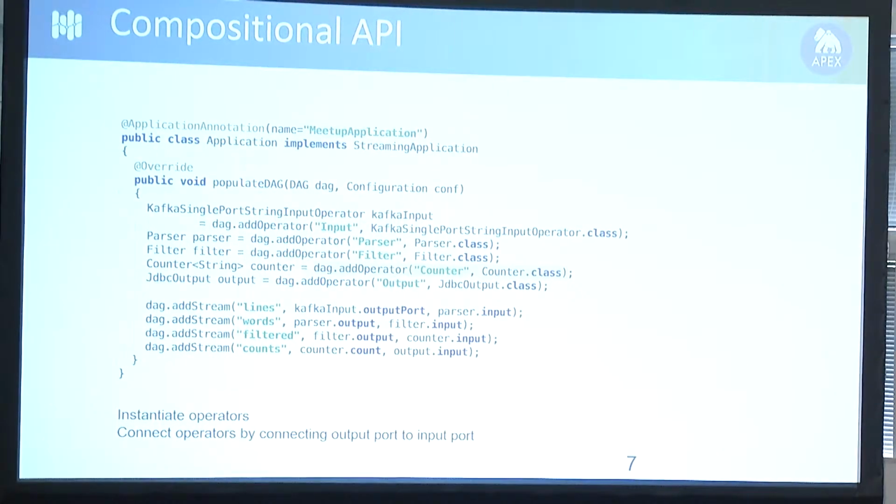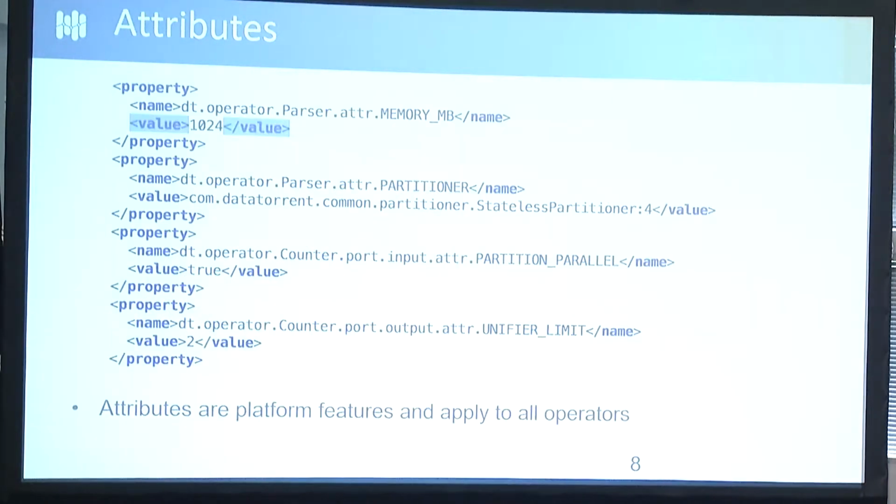You create all the operators, and then you connect them up, right? So how would you specify partitioning? It's actually very simple in most cases. The Kafka operator, I told you, is dynamically scaled, so you don't need to specify any partitioning there. For the parser, you can specify how many partitions you want. Here I'm picking a fixed, static partitioner, which is called a stateless partitioner, and I'm saying start with 4 partitions.